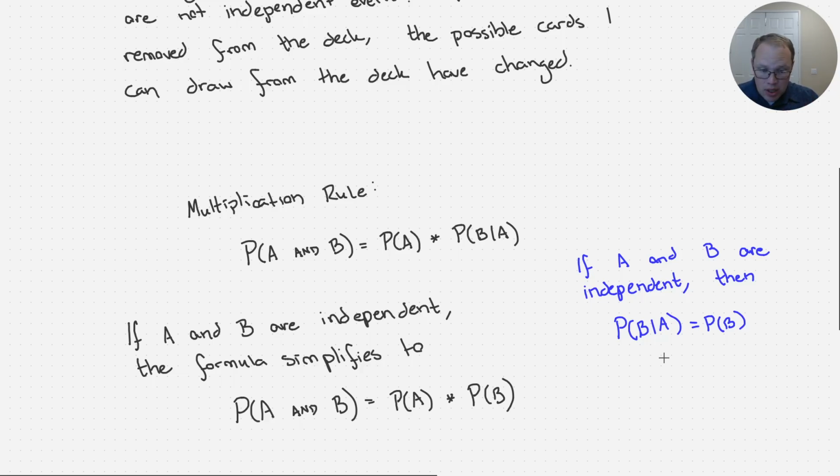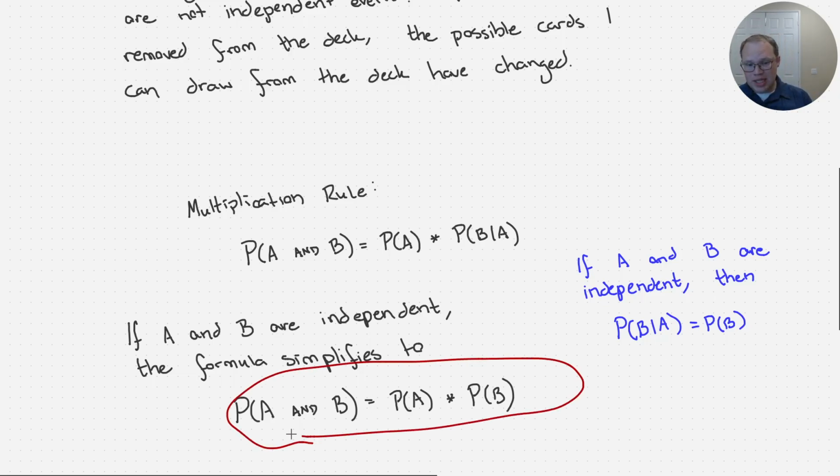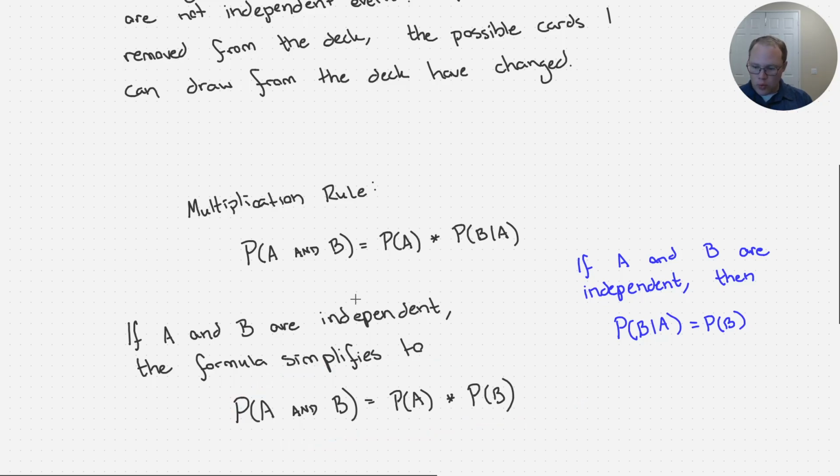Now, a couple words of warning here. This nicer formula doesn't always work. It really is important that you check that A and B are independent. If they are not independent, then this formula does not apply. If you are not sure if A and B are independent, then you cannot use this simplified formula.